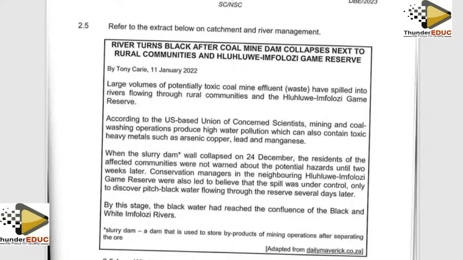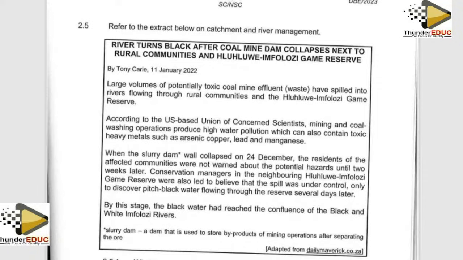Conservation managers in the neighboring Thundereduc Buffalo's game reserve were also led to believe that the spill was under control, only to discover pitch black water flowing through the reserve several days later. By this stage, the black water had reached the confluence of black and white Umuforo's rivers. Okay, so that is the extract.